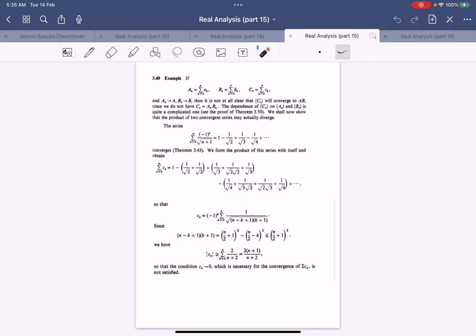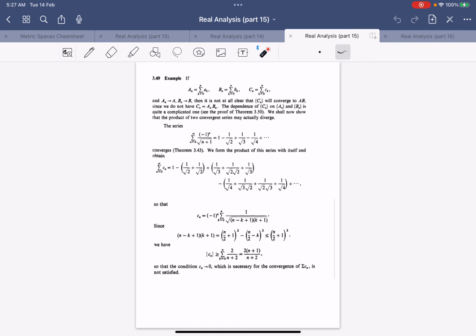But if you just take a random sequence that you do not know converges absolutely, then you can't be sure that c_n equals a_n times b_n. You can consider this series over here, 1 minus 1 over square root 2 plus and so on, and you form its product with itself. You can prove it like Rudin, just following what he's shown. In the end, c_n will not converge to 0, and hence the summation is not satisfied.